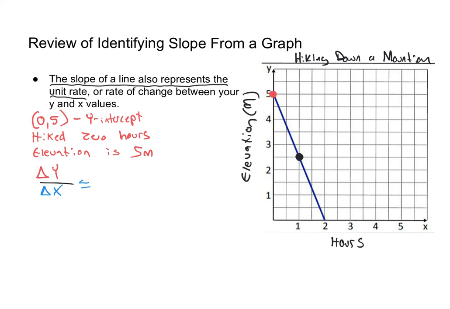And we already calculated this on that last slide, so we know that my change in y is I went down 1, I went down 2, I went down another half. So I dropped 2.5 miles. And I did all of that in 1 hour because my x values changed by 1.